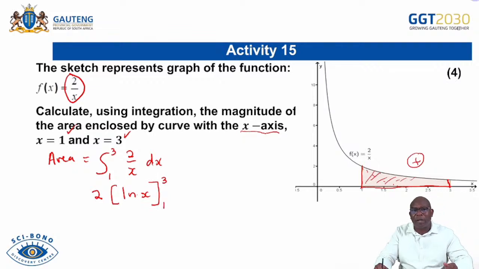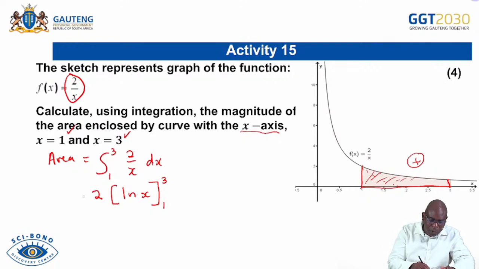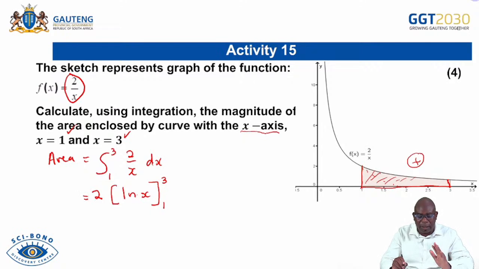Don't forget to write your upper limit and your lower limit there, because you have a mark for writing in those two. So here I'm going to write equals to. Now remember, I've already integrated, so the integral sign is gone. Next, what should I do? I then substitute my value of x.